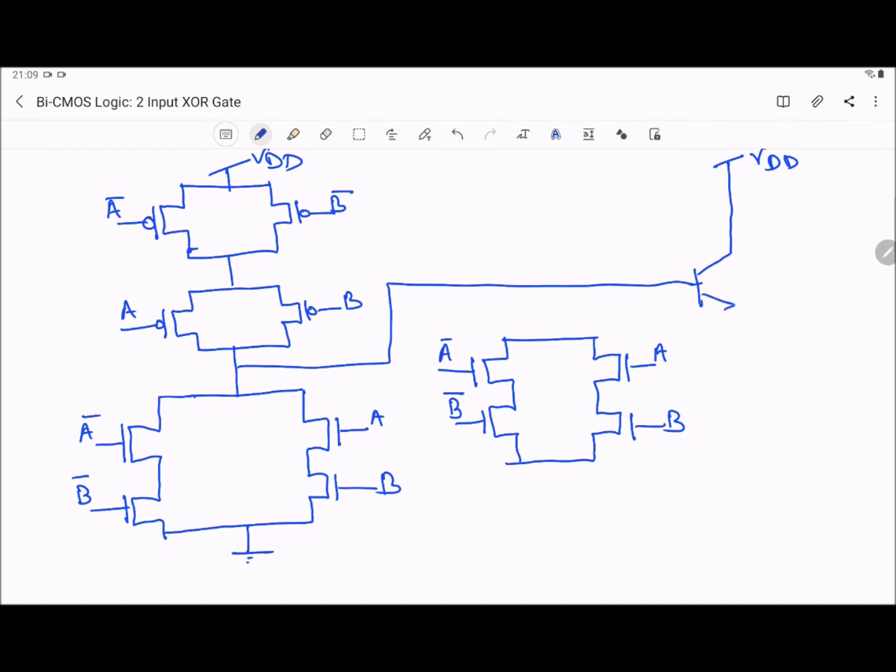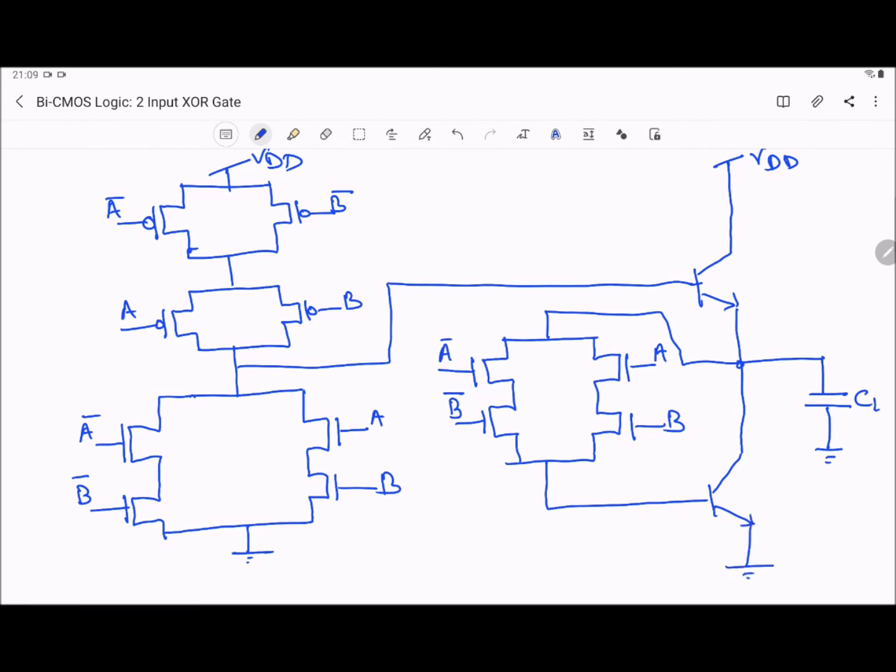The collector terminal is connected to the VDD supply rail. We have a load capacitor CL. The emitter of the second BJT is connected to ground.